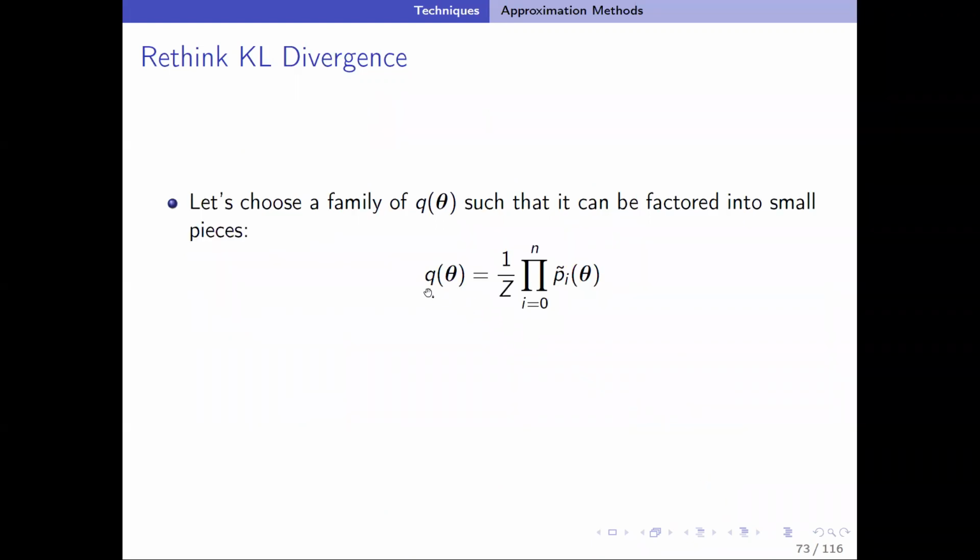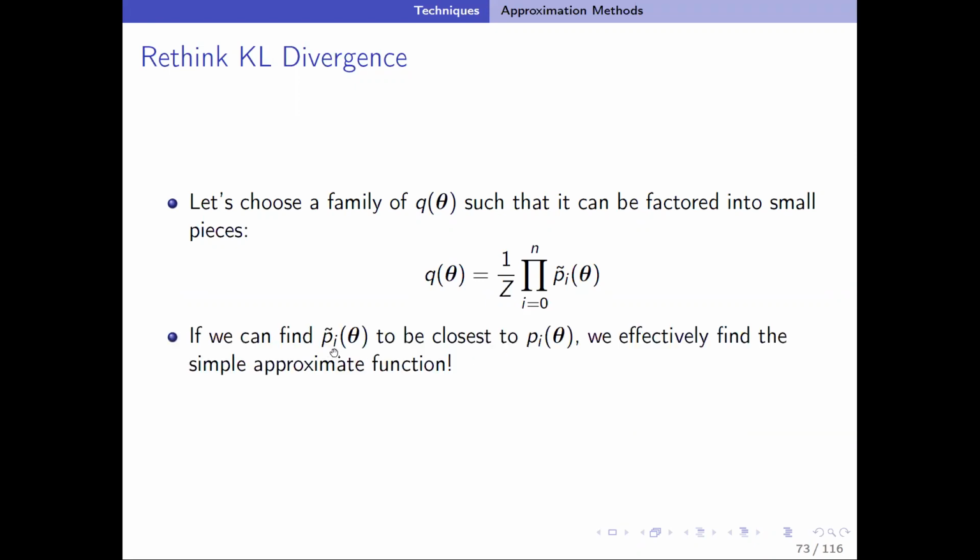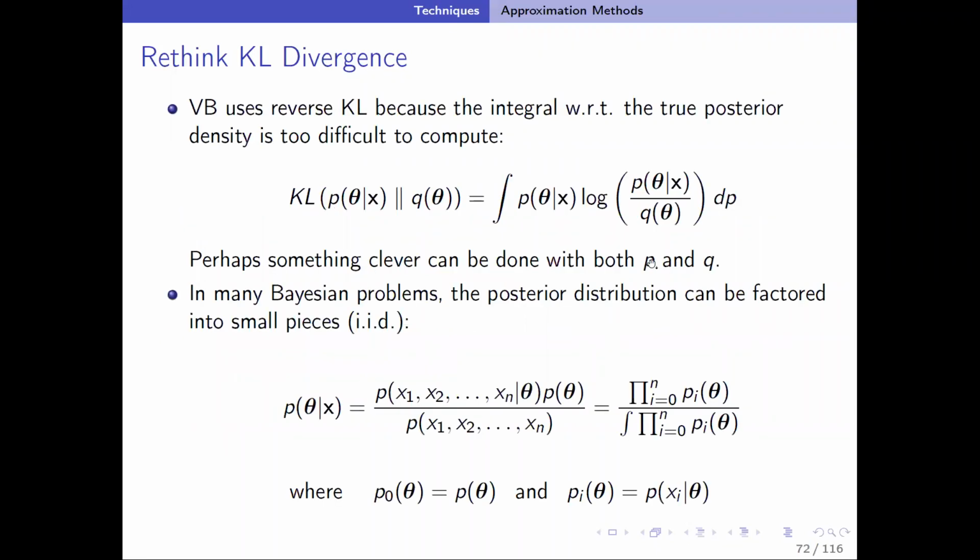Now, if I can find a high dimensional problem that can be a product of smaller pieces, and if each of the small pieces can approximate a piece of the likelihood, we probably can find a simple approximation. Okay, so he's saying that I am breaking down a larger problem into smaller pieces, and each small piece represents a likelihood piece and a prior in some cases.